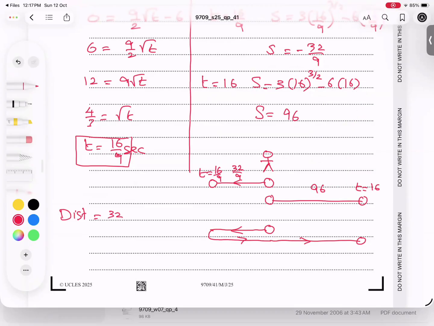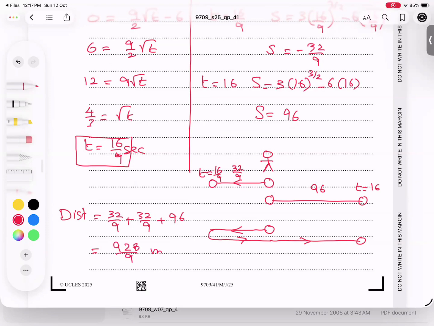So 32 by 9 one time, 32 by 9 a second time, and plus 96. If we check it in the calculator, 32 divided by 9, twice, plus 96, the answer turns out to be 928 by 9 meters.